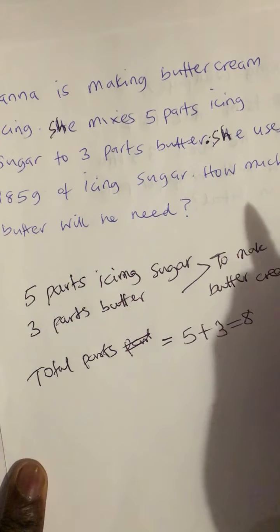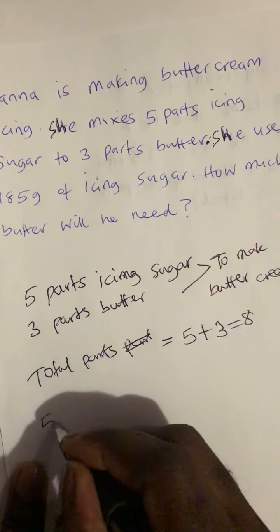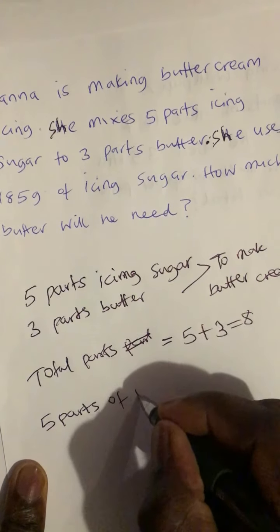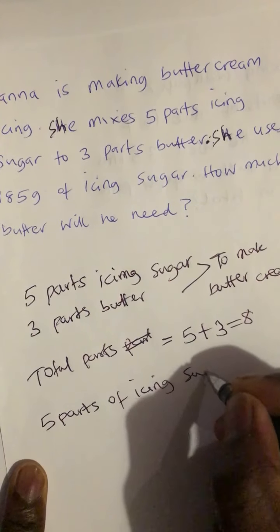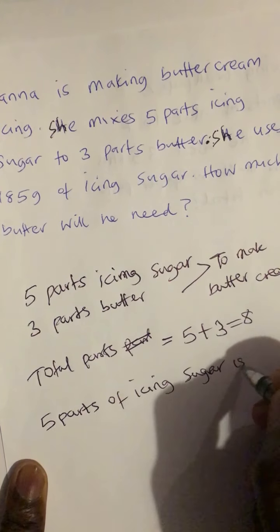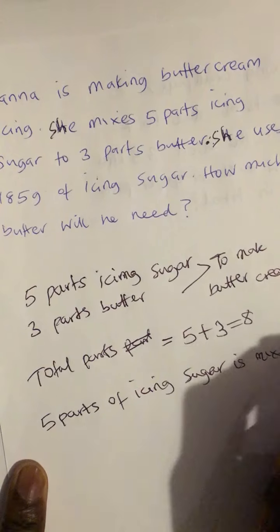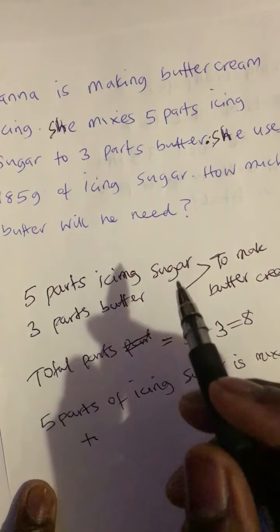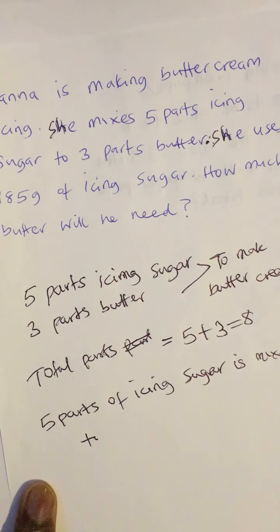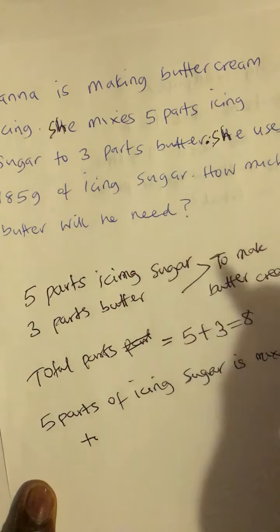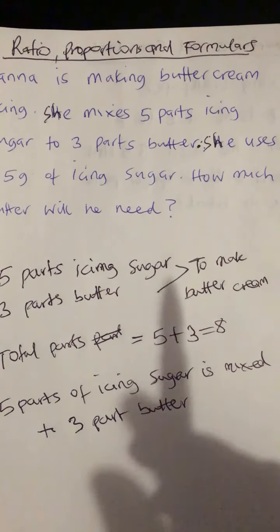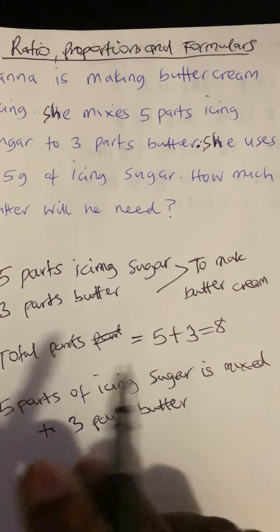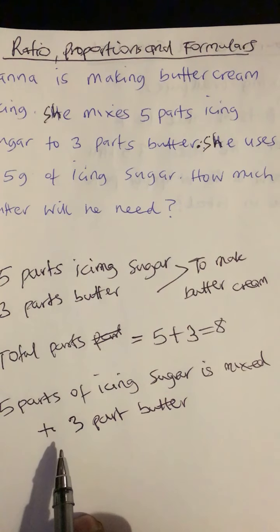But in this question, they told us 5 parts of icing sugar is mixed with 3 parts of butter to make the cream. So for the buttercream she made, she used 185 grams of icing sugar.